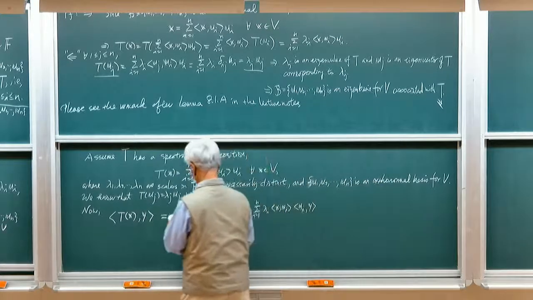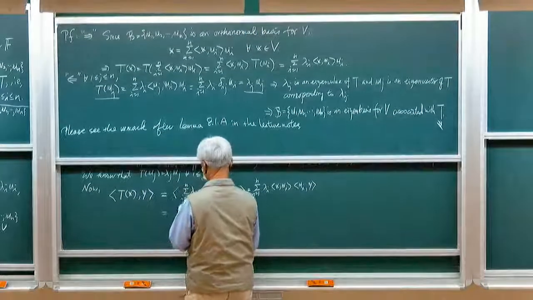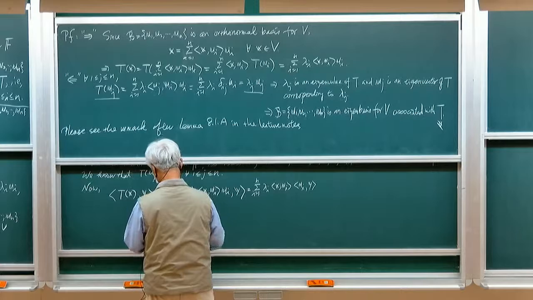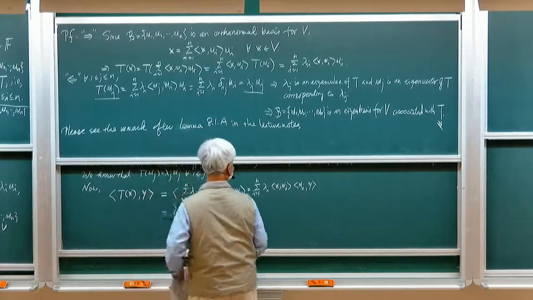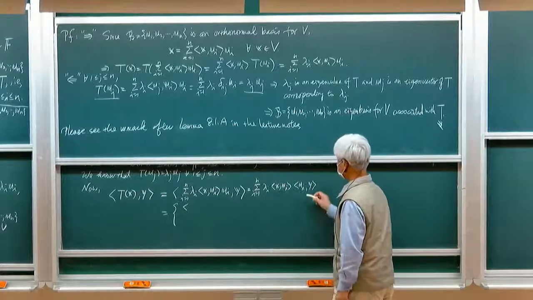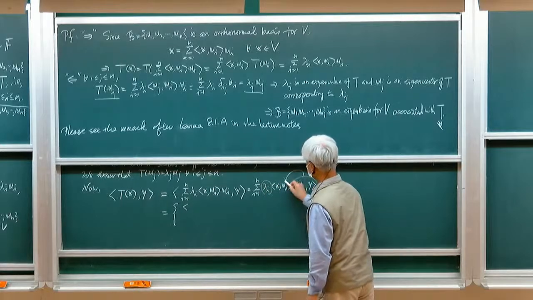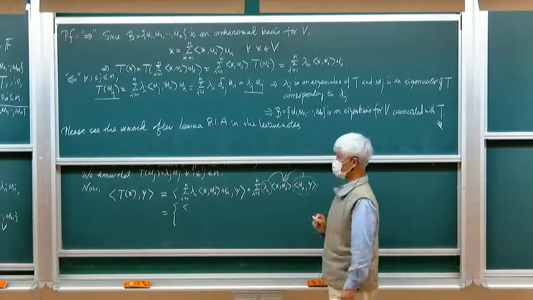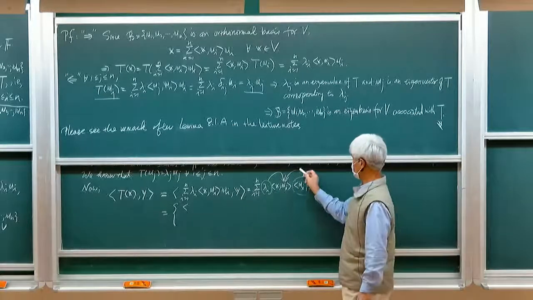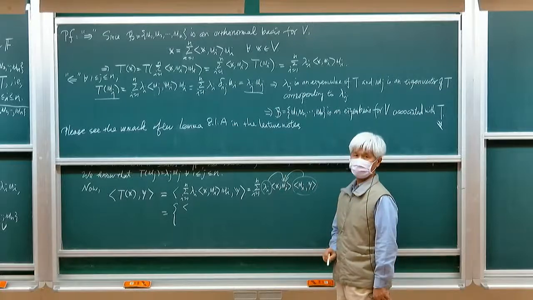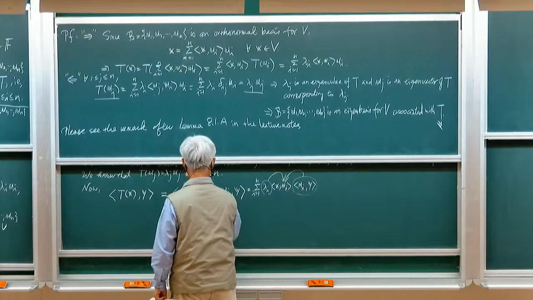All right, and now we have two possibilities. We look at the scalars, and we want to move them into the second argument. So we have this sum.